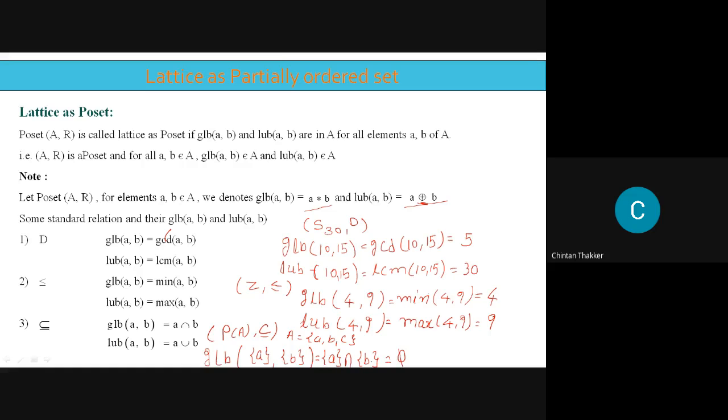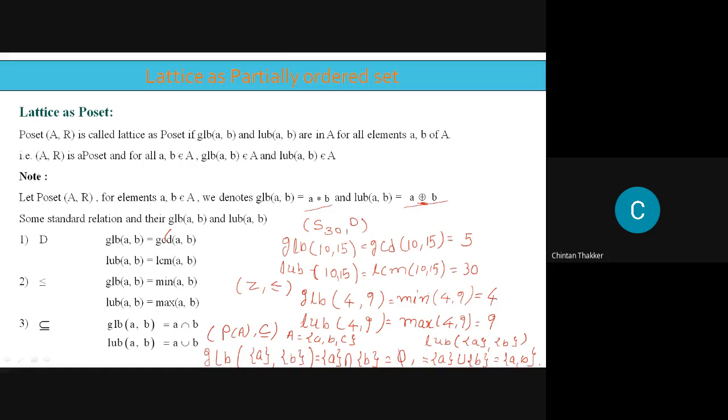So here GLB is phi, and LUB of singleton A, singleton B is equal to singleton A union singleton B. So the union has two terms, A, B. So it is the LUB of A, B.